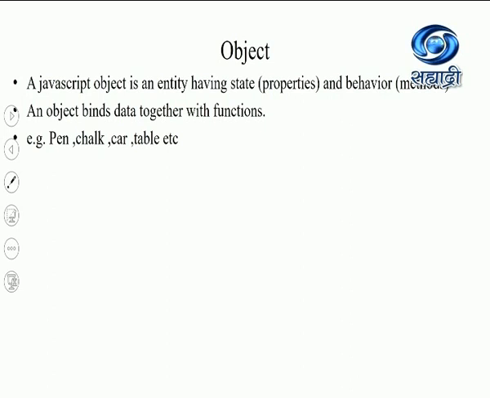So these are the properties of chalk. In the case of a car, it also has a model number and color. All these are the properties of the object. What are the methods? For example, chalk can write, and a car can move or stop or brake. So these are the methods associated with the object, which can change the properties of the object. So these are the properties and methods of the object.